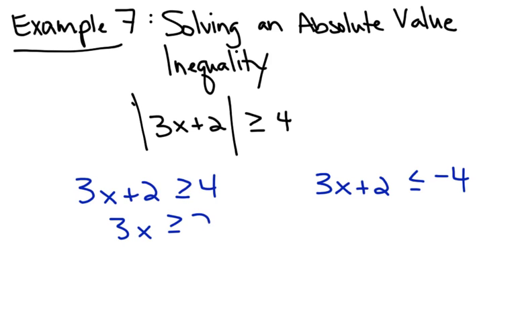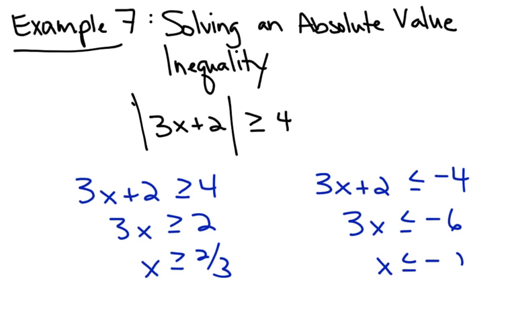3x is greater than or equal to 2, x is greater than or equal to 2/3 is one of the solutions. And the other one is going to be 3x is less than or equal to negative 6, so x is less than or equal to negative 2. And again, let's say that you don't remember if this is supposed to be an "and" or an "or" statement.